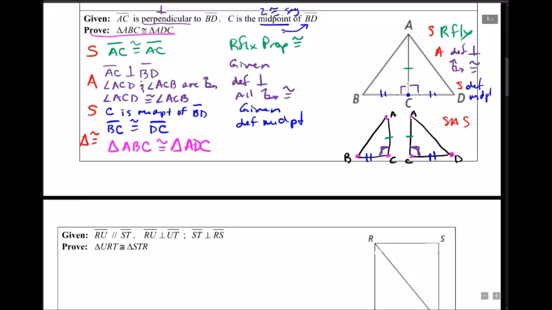Yes, it is, by the side angle side postulate. So this is why we separate out our givens and we do one piece at a time. I define, explore, see what I have, and then put everything I have together.